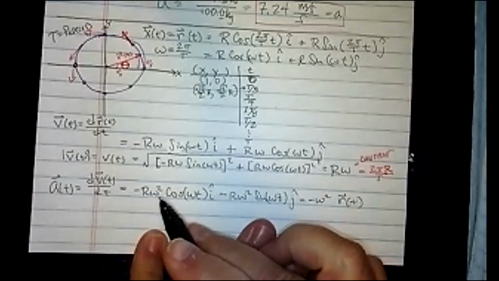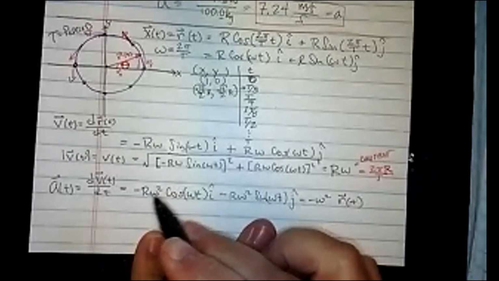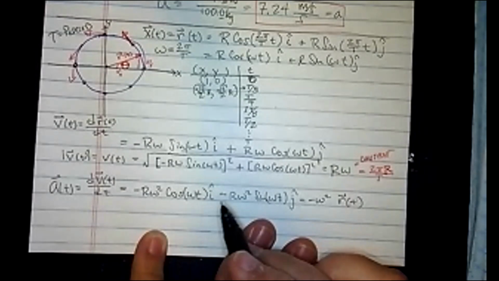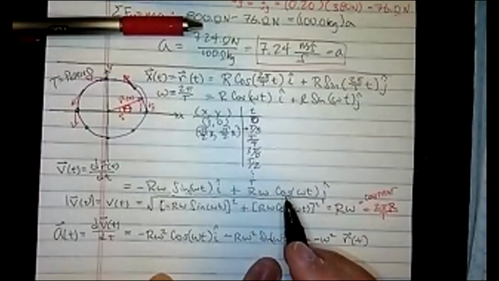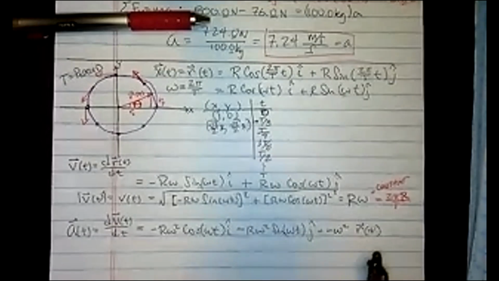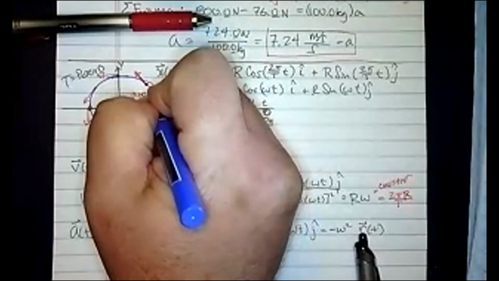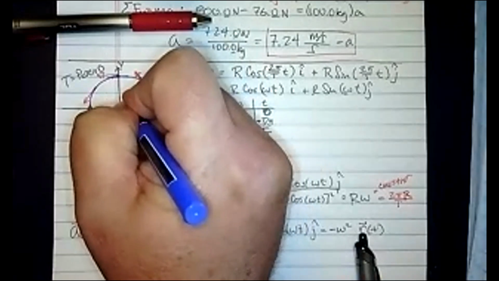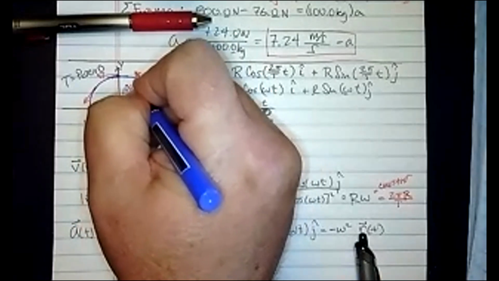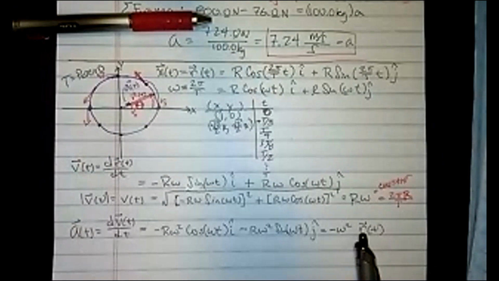If I factor out the negative omega squared, I just get r cosine omega t plus r sine omega t, which is the original r I had. So that tells you this vector is actually pointing the opposite direction. That's the a of t vector.